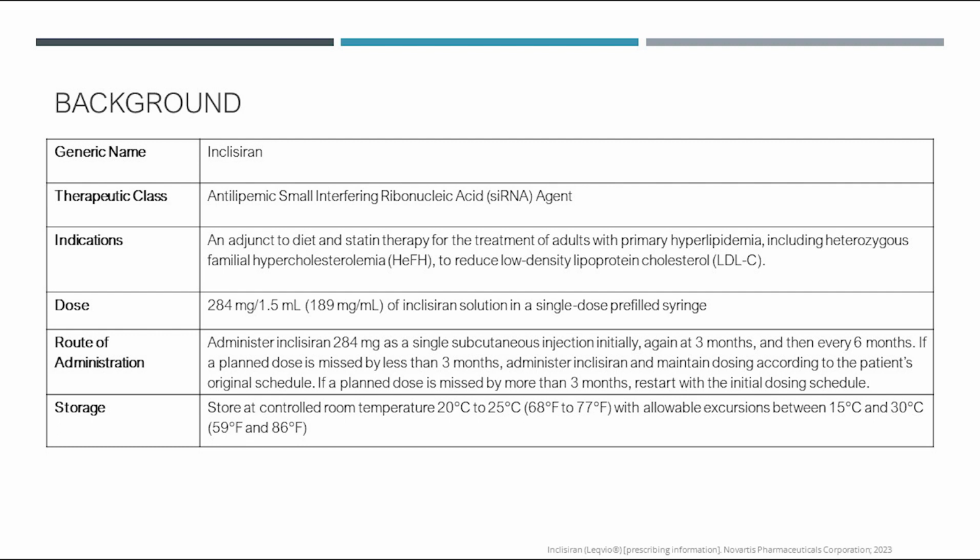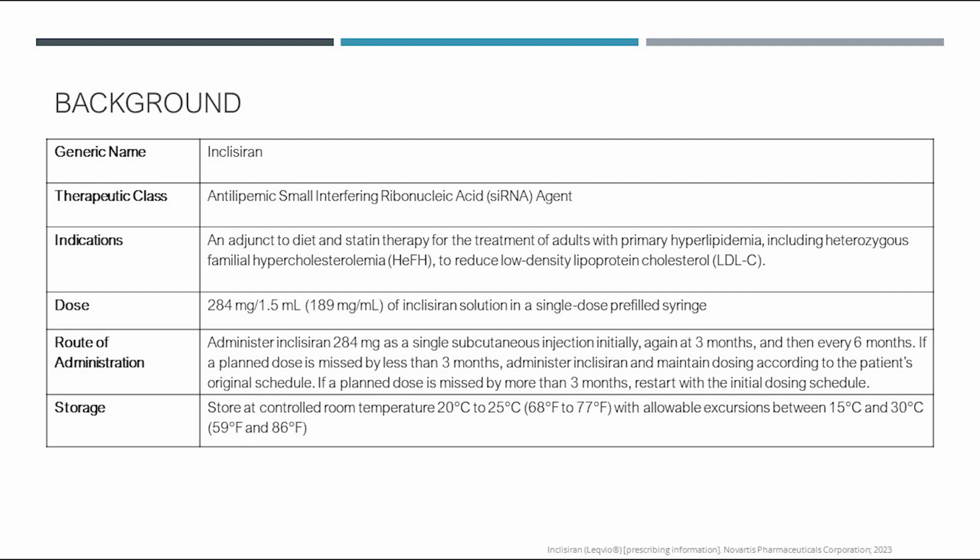It was recently approved by the FDA to modify the language utilized in the indication section of this product's labeling. So it currently reads that it should be used as an adjunct to diet and statin therapy for the treatment of adults with primary hyperlipidemia, including heterozygous familial hypercholesterolemia, to reduce low-density lipoprotein cholesterol, or LDL-C.